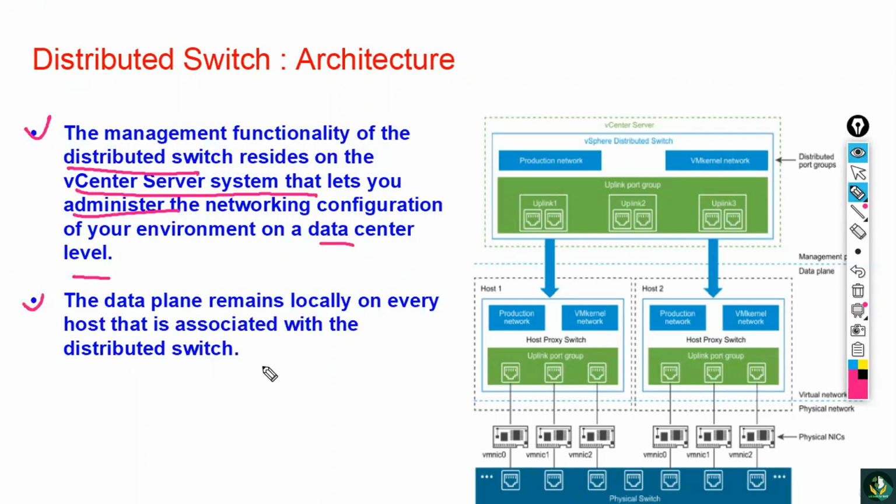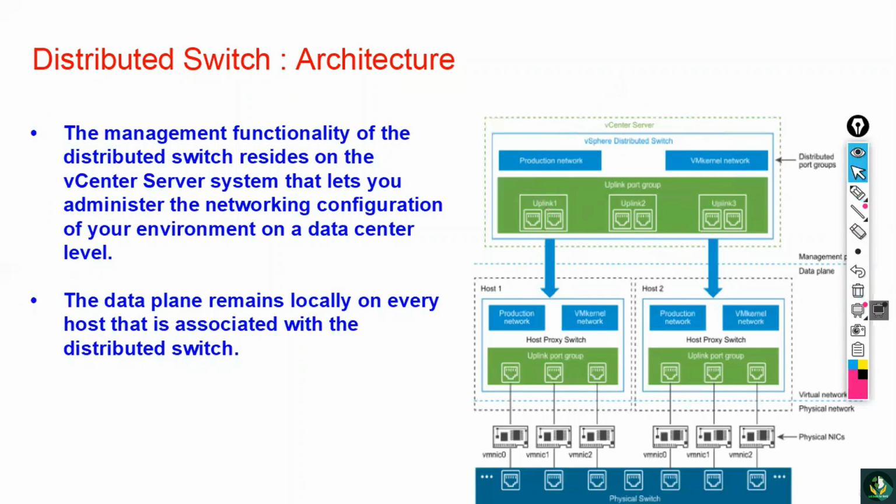And data plane remains locally on every host that is associated with the distributed switch. So data plane is still with the ESXi host, but the management plane is moved to the distributed switch. So from this distributed switch, you will manage the other switches, other ESXi hosts. Got the point?